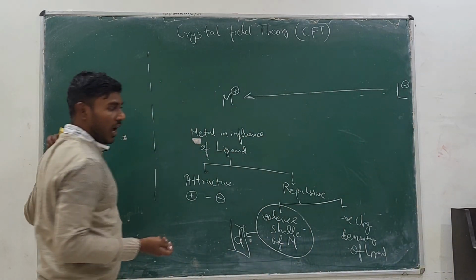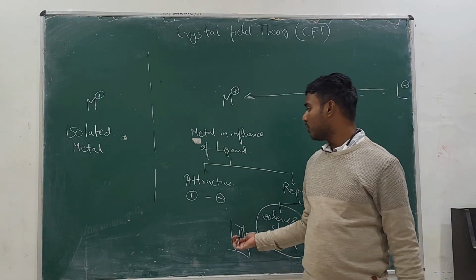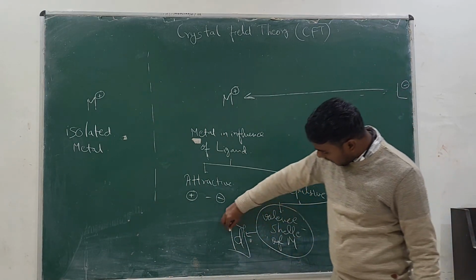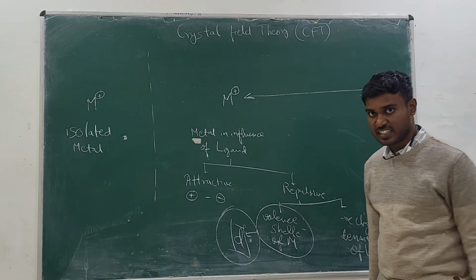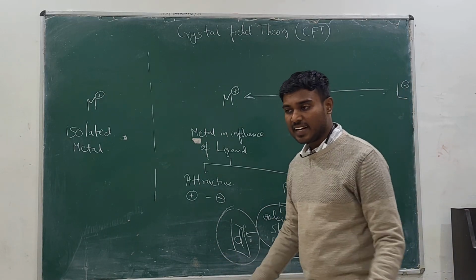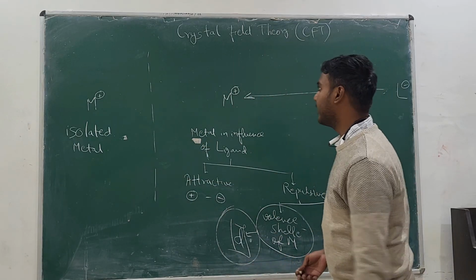I hope this is clear now, and let's move forward towards how there are different types of d orbitals and how they are arranged in 3D space, so that we can get the idea of the crystal field splitting caused due to the approaching ligand.